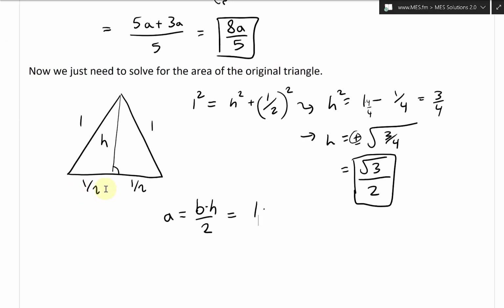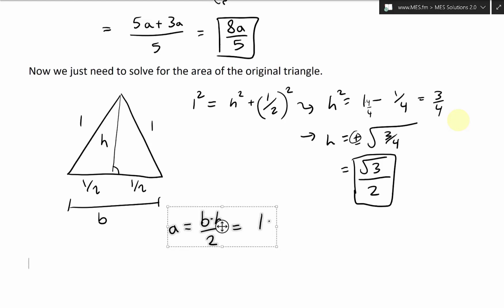This is 1/2, and that was just for this Pythagoras. But base is b, like that. And then height is going to be, divided by 2, square root 3 over 2. Yeah, that's our h. So then this becomes, just throw that in there.